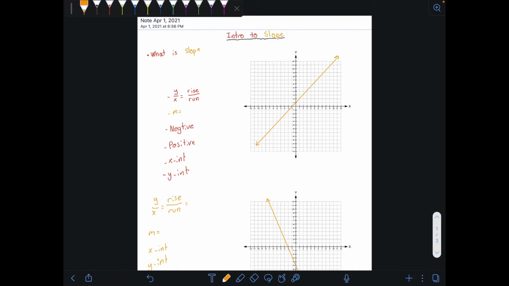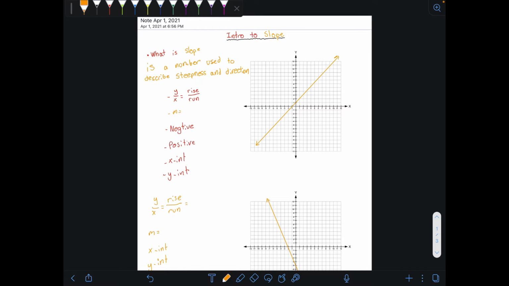So slope is a number used to describe steepness and direction.